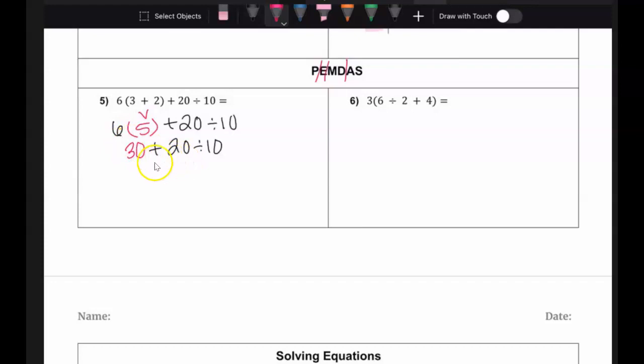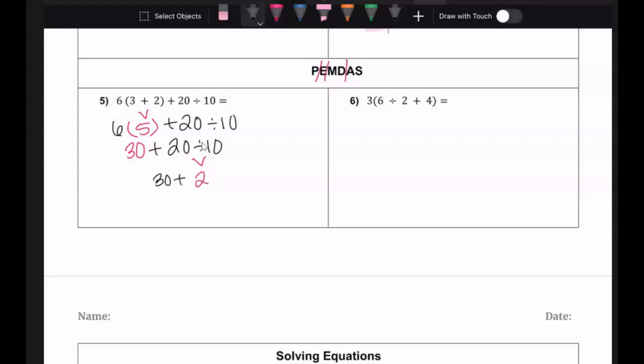Now be careful. Your next step is not to do 30 plus 20. That would be incorrect. Instead, what you're going to do, multiply and divide. Make sure that you've done all the multiplying and all the dividing. I have a dividing here. I have to do that first. That's what PEMDAS tells us. It's order of operations. So I'm going to do the 20 divided by 10, which is 2.